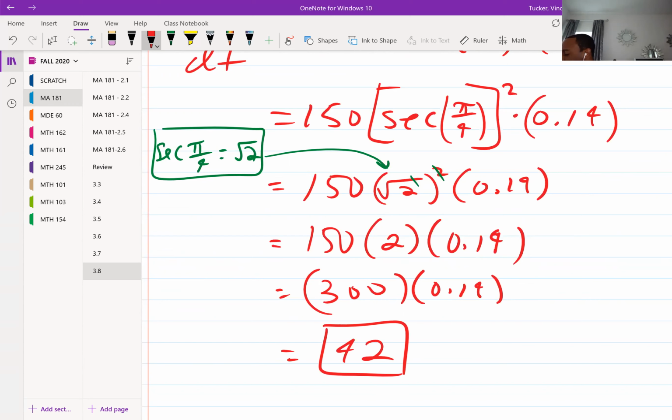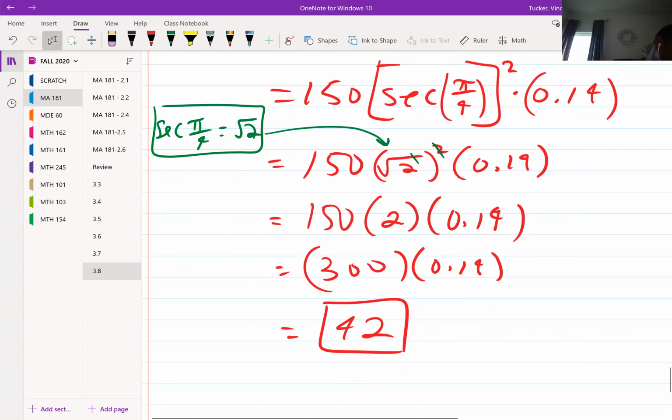All right. So what measurement were we in? That's radians, and 150 meters. So we're in meters.